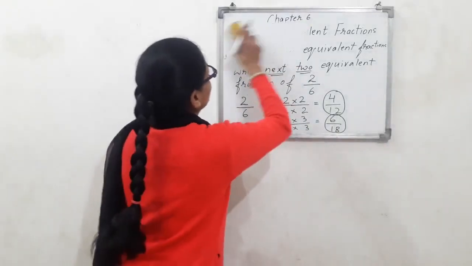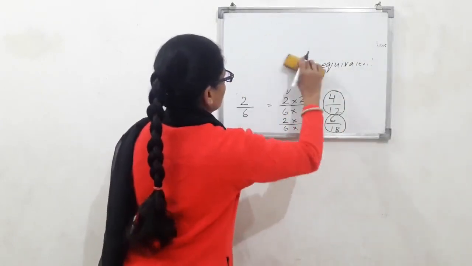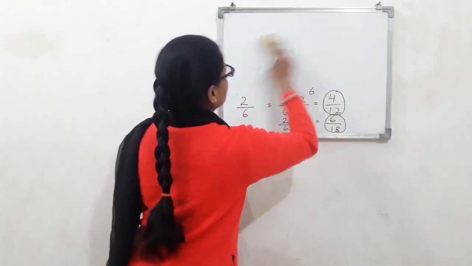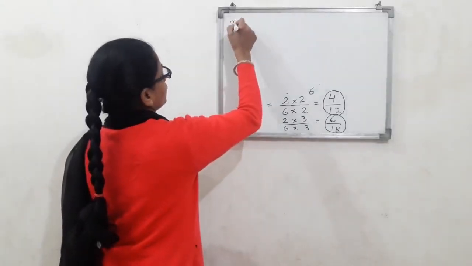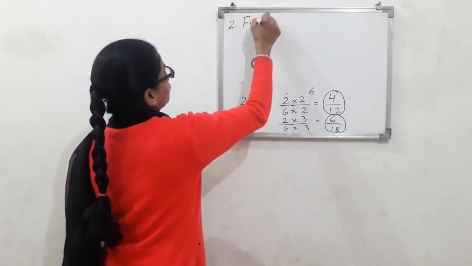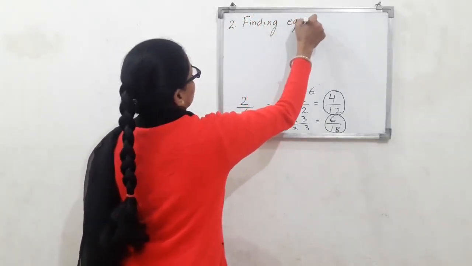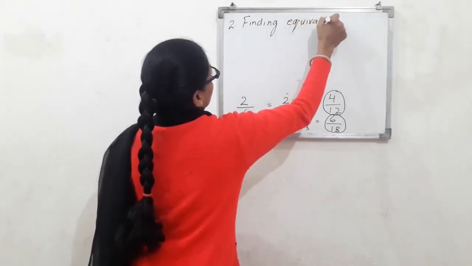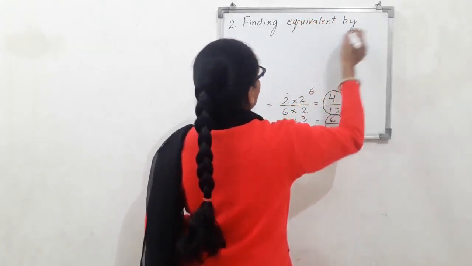So, finding equivalent fractions by dividing.